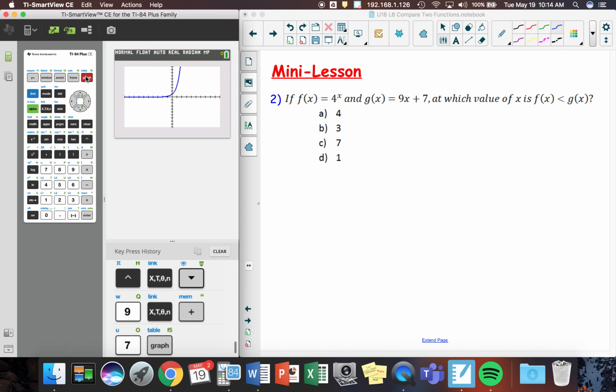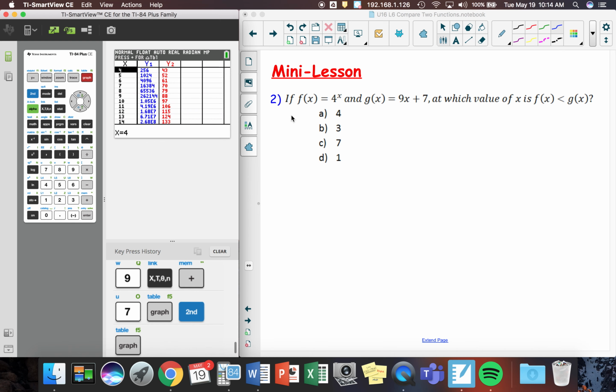Now, I can press graph, and that's cool, but I'm going to look at the table. Now remember, we want to see when is f of x, when is this first function less than the second function. As you can see, with all of these numbers here, the first function is bigger than the second function.